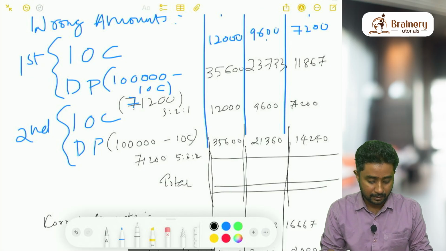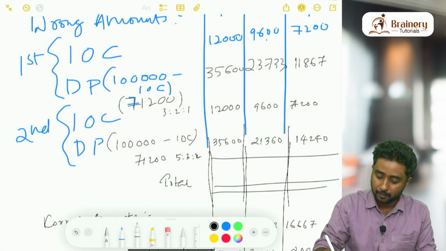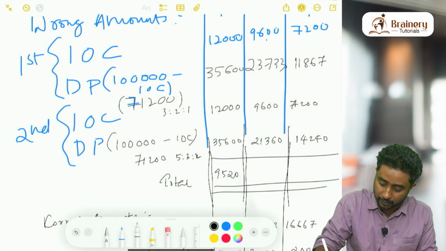So 35,600 plus 12,000 plus 47,600, that will be 95,200.